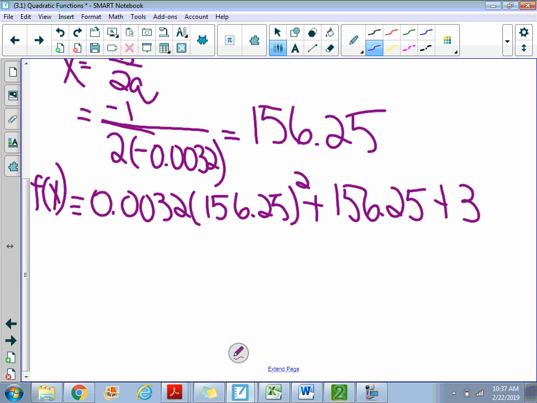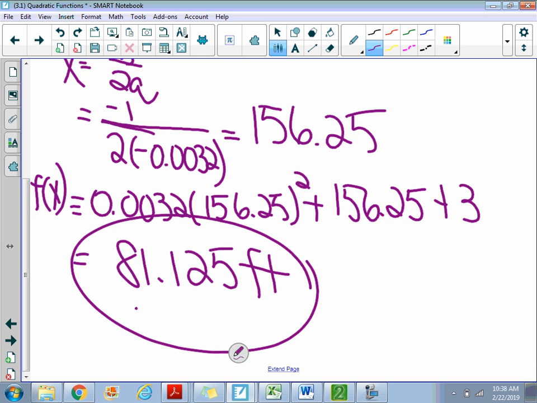I believe it's also 100 something. Maybe it's 180. 81.125, and that's in feet, and that's your maximum height.